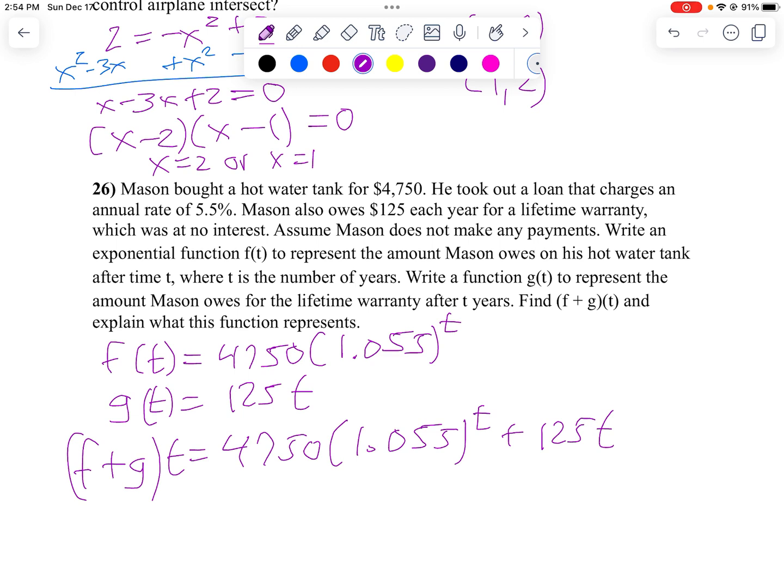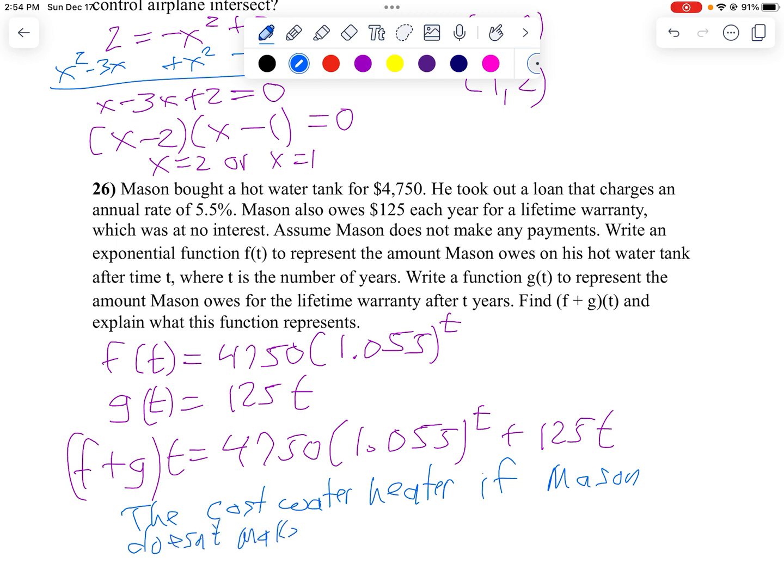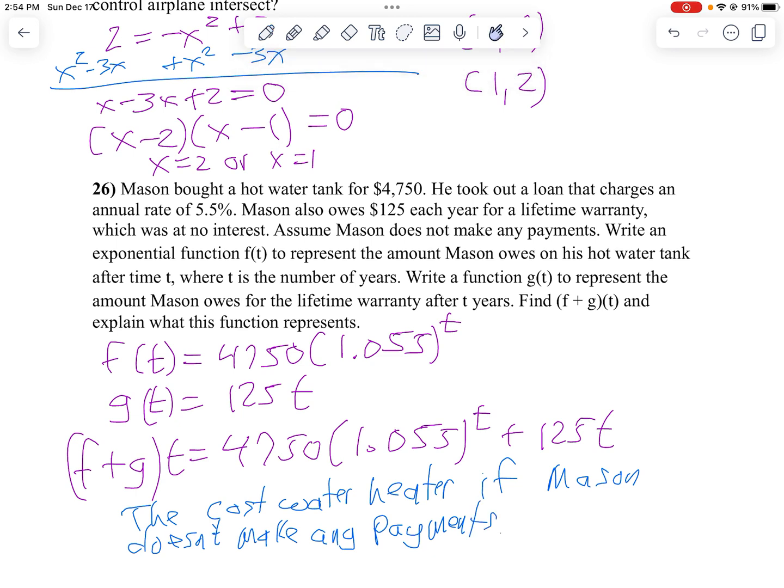What that means is it'll be the cost of the hot water heater if he doesn't make any payments. And there we have it.